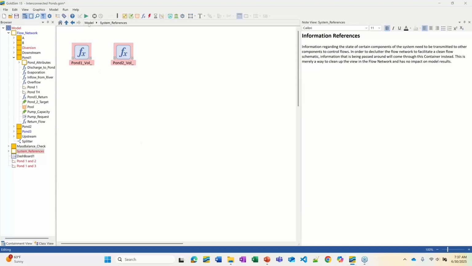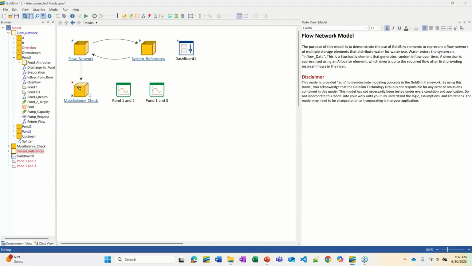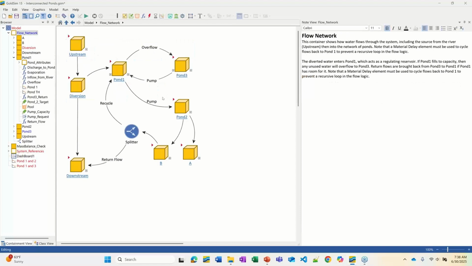It's not water flows that I'm talking about referencing here. I am referencing information. It could be a flow rate, but you can think of it as you have a level sensor in your water tank, and you have to communicate that information back over to some other equipment somewhere using radio signal or something. That's the thing we're simulating, that process of that information coming back over here to pond 1.